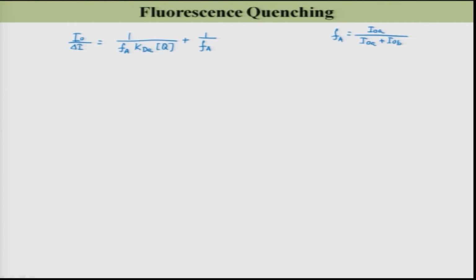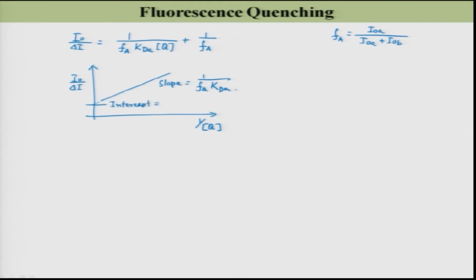Now, you see we got this equation. Now, if I plot, instead of plotting I0 by I, I0 by delta I as a function of 1 over Q, I will get a straight line, where the slope will be equal to 1 over Fa K dA, and the intercept will be equal to 1 over Fa.